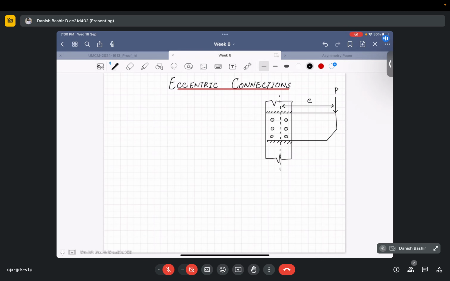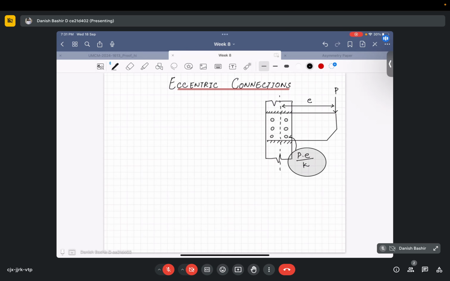In eccentric connections, on each bolt there will be an additional moment, P times E divided by some factor K, apart from the other forces like shearing force and bearing force on our bolts. We have to keep this moment in consideration during the design process.